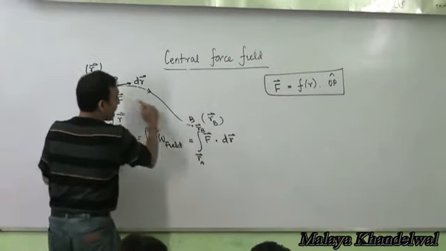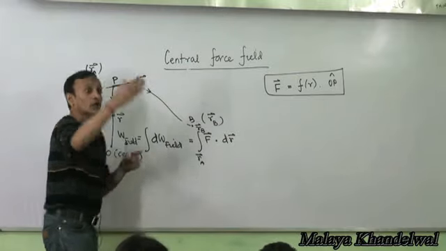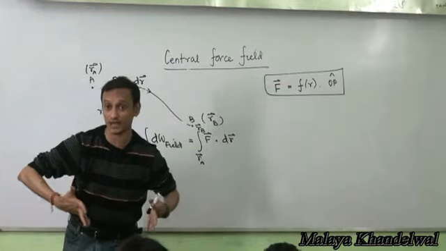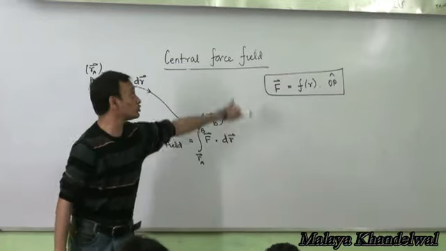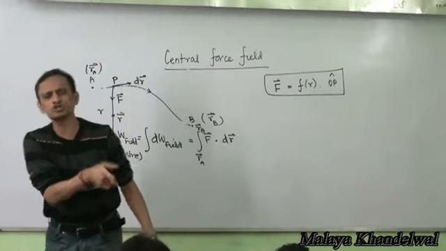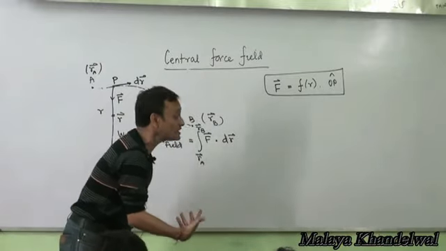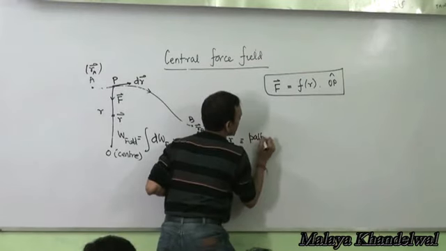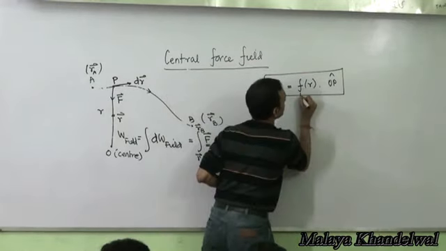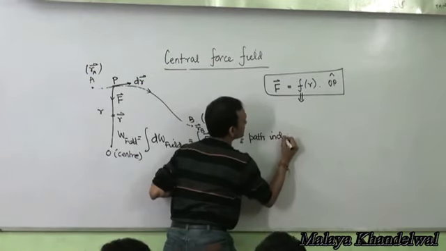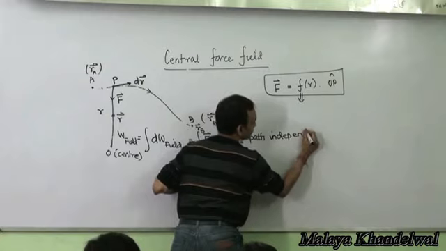That means if you take this path from A to B, this would be the work done. If you take any other path from A to B, the work done would also be the same. That means this work done, for this kind of field, does not depend on the actual path pursued between A and B. This integration is path independent, provided F is of this form. This will be a path independent entity.